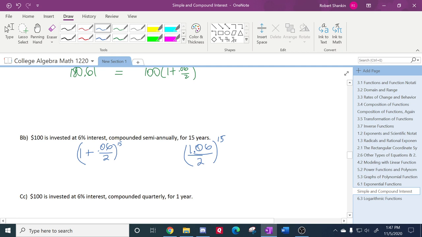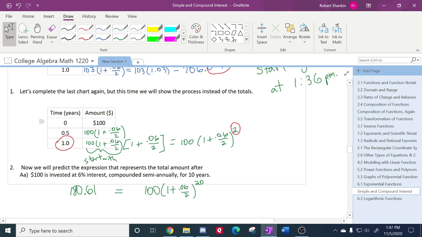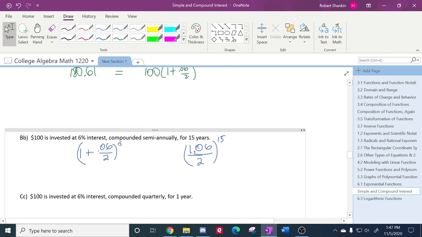And if you put it this way, the 1 gets divided by the 2. And then, the other thing is, this 15, every year you compounded it twice. At the halfway point, and then at the end. So with 15 of those years happening, this 15 gets multiplied by 2.